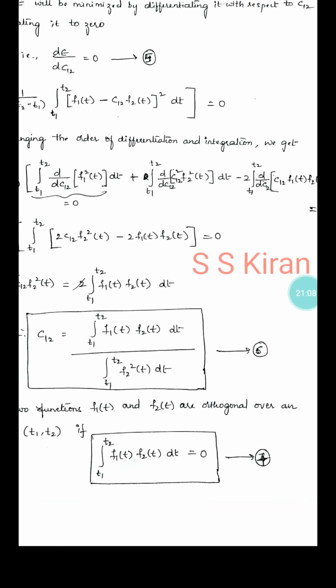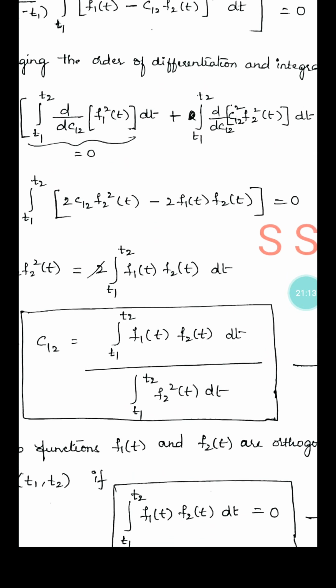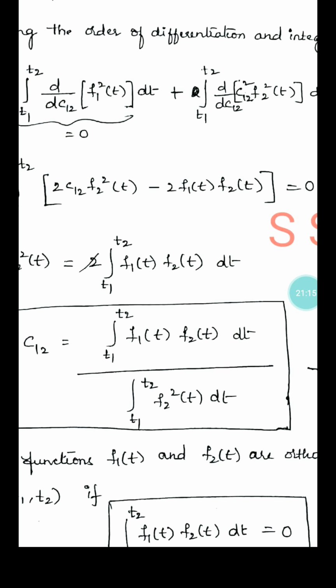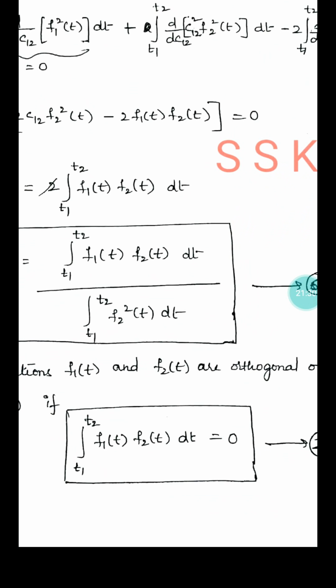If it is not orthogonal, we write the constant c12 equal to this expression: integral from t1 to t2 of f1(t) f2(t) dt divided by integral from t1 to t2 of f2²(t) dt. Just remember this equation, because we are only doing problems.